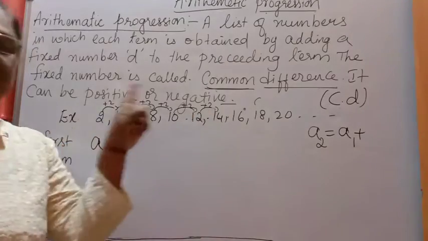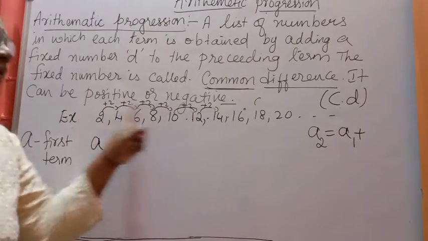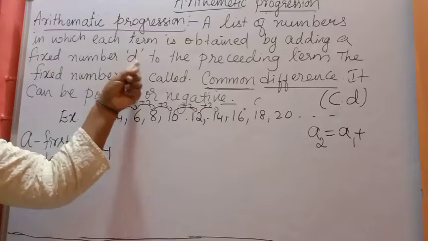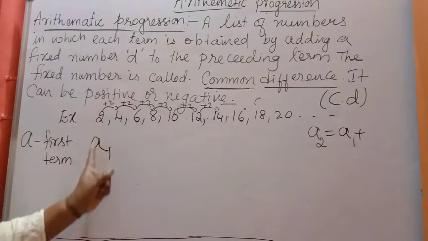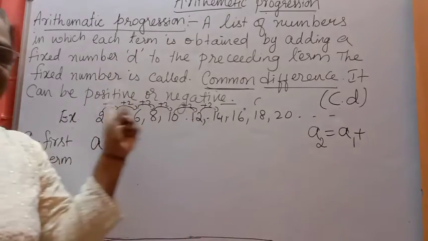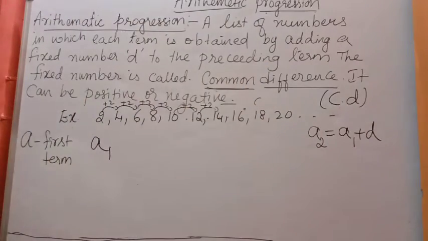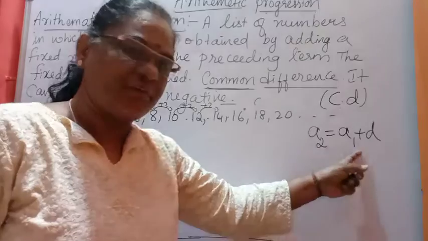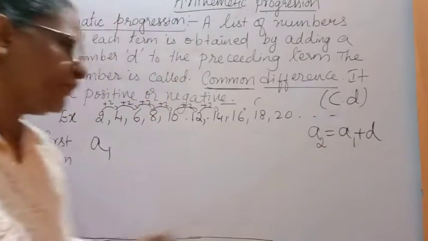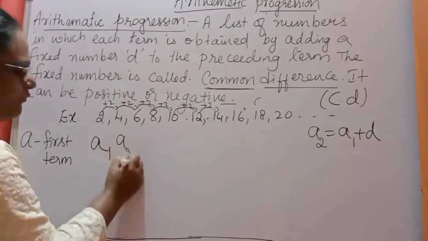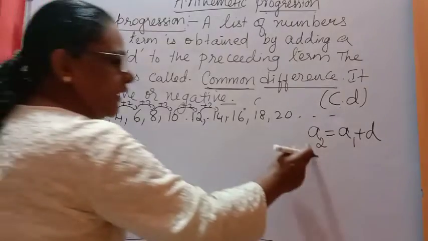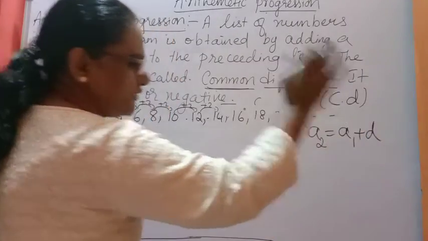It is a constant number throughout, is it not? What do you call that constant number? It is nothing but your d. So to the first term you are adding the difference, d. When you add the difference to the first term, you get the second term. So A2 is equal to the first term plus the difference.